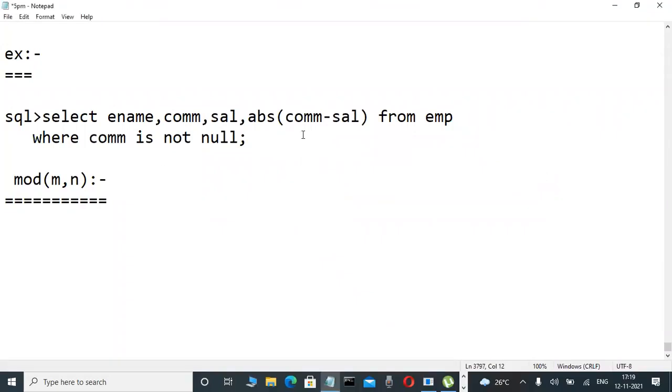MOD m comma n gives us the remainder after m is divided by n. M and n are not mandatory; a comma b, x comma y, anything is also fine, but Oracle Corporation gives m comma n. Parameters. Okay? Write it.